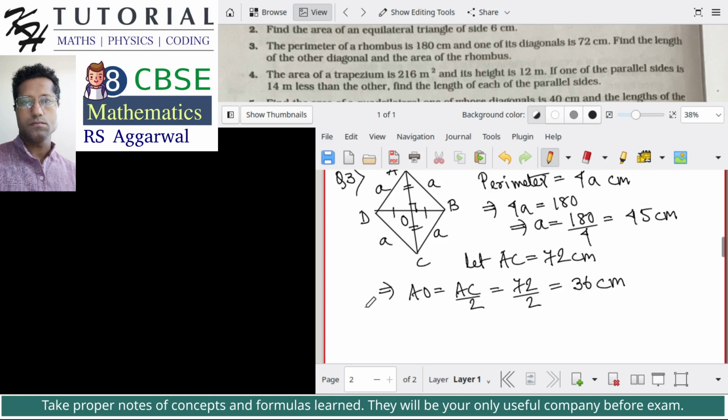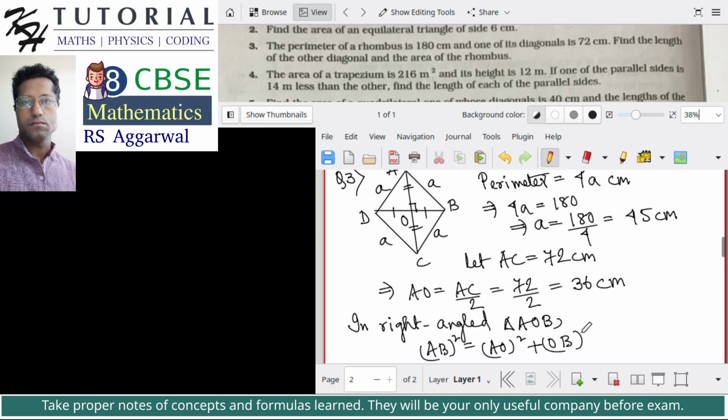We know that in the rhombus ABCD, since the diagonals are intersecting at right angles, triangle AOB will be a right angle triangle. So in right angle triangle AOB, using Pythagoras theorem, we will have AB square is equal to AO square plus OB square.